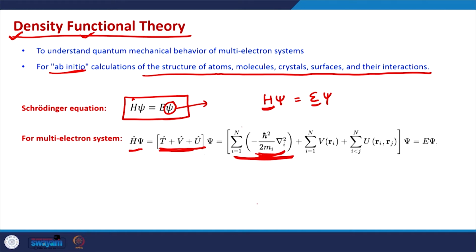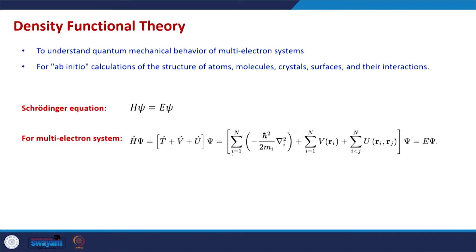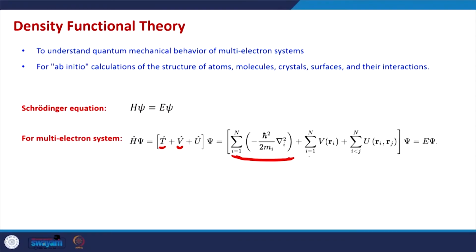So, the Hamiltonian, which is the total energy operator, is essentially the sum of the kinetic energy plus the interaction energy that arises because of the interaction of electrons with the nuclei in the system, or positively charged atomic cores in the system, that is given by this second term. And third is this electron-electron interaction, which is given by this third term.